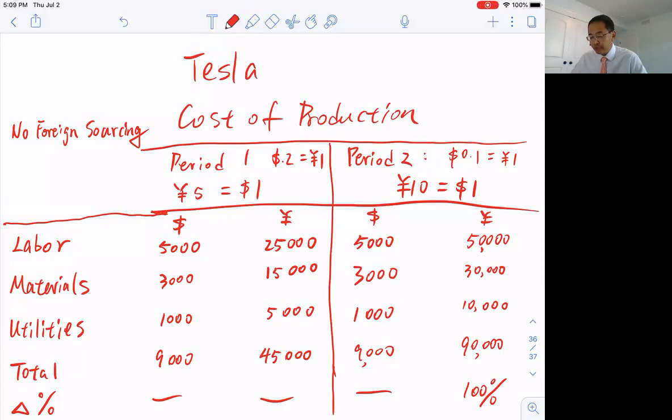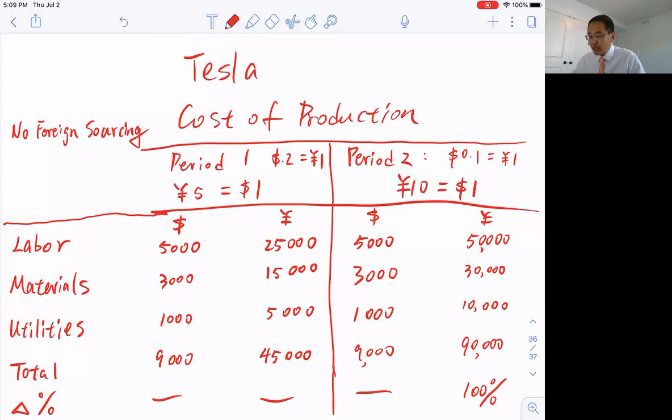So even though nothing seemed to change domestically back at home in California, when they sell their cars to China, they face a serious problem because their costs have doubled in Chinese yuan. So they have to figure out what to do in that market, whether they need to double their price or take a hit or whatever the solution is, which we'll talk about in a minute. But the point is, when there's no foreign sourcing, you take 100% of the hit by any change in your domestic currency, whatever currency you use to measure your cost.